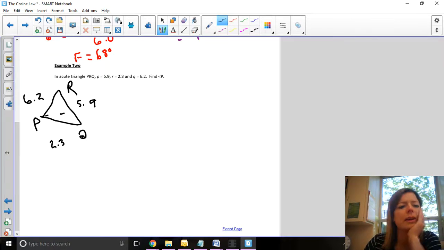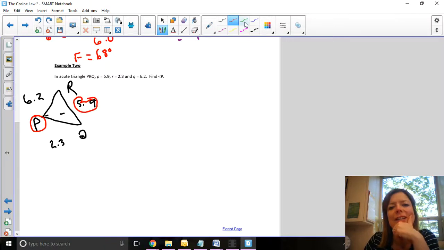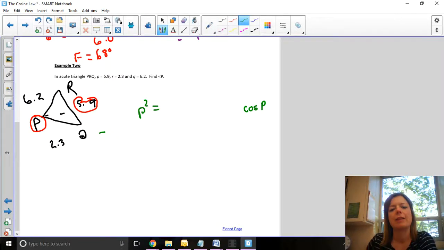Okay, so how do we find angle P? Well, angle P is here, and across from angle P is 5.9, which is here. So I need to be able to set up an equation where I get angle P at the end. So I want cos P at the very end. So that means I need to start with something that equals P on the outside, because remember that whatever angle is out here is the same as whatever side length is at the beginning.